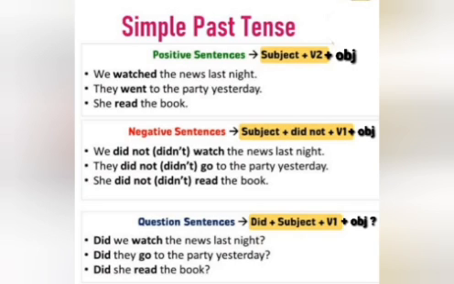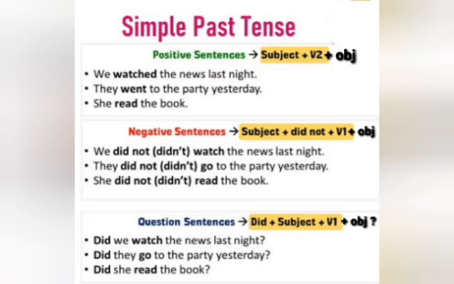Now the negative form for simple past is subject plus did not plus V1 plus the object. For example, we did not watch the news last night. So this negative form is simple. We are just inserting did not.